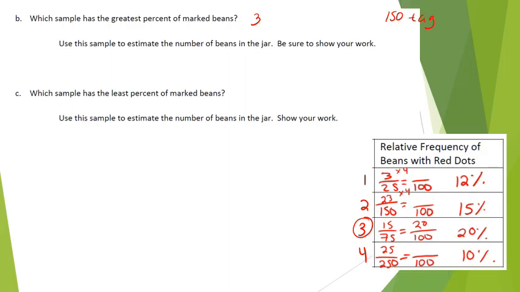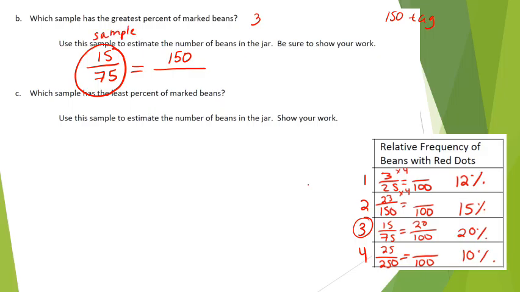So thinking about what's there, in sample 3, I had 15 beans that were tagged out of 75 total. Now I'm going to expand that because I got 15 of my tagged beans, but I actually put 150 in the whole population. So now I'm going to look for a scale factor to figure out how many beans are in the jar. Remember, this side of my proportion represents the sample.